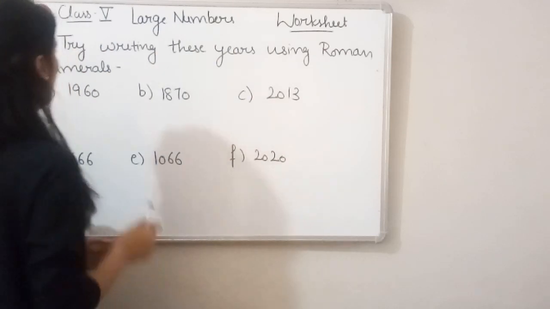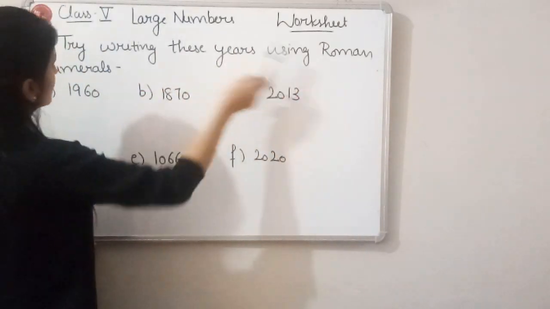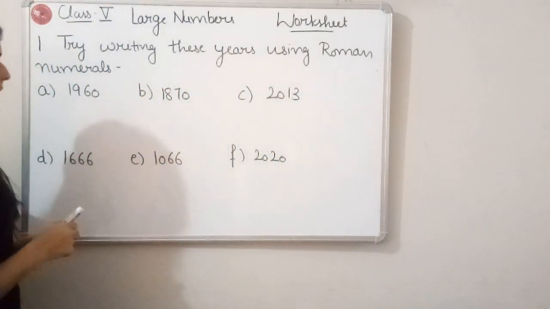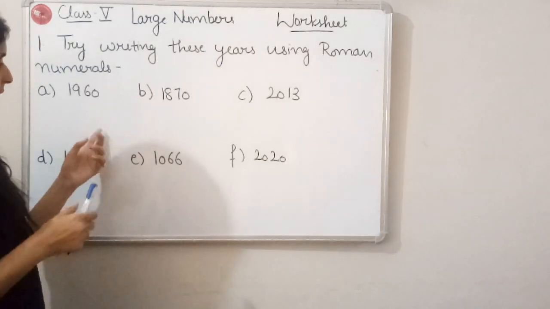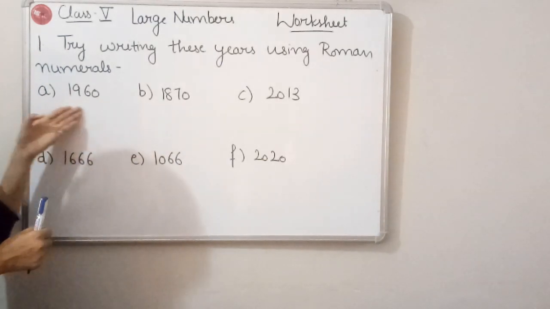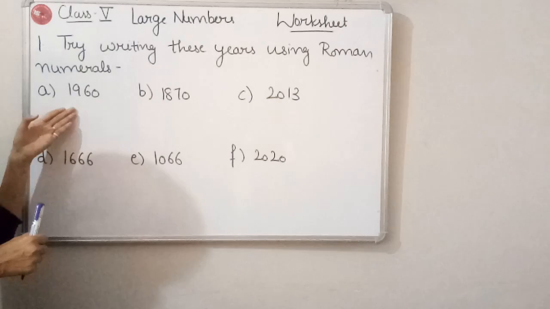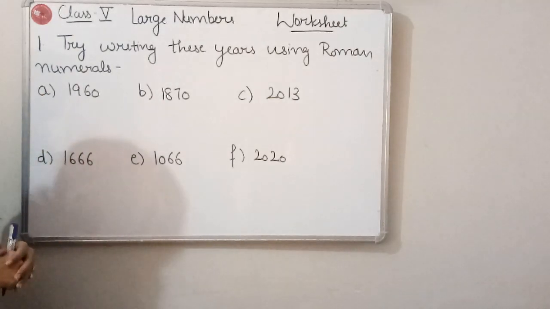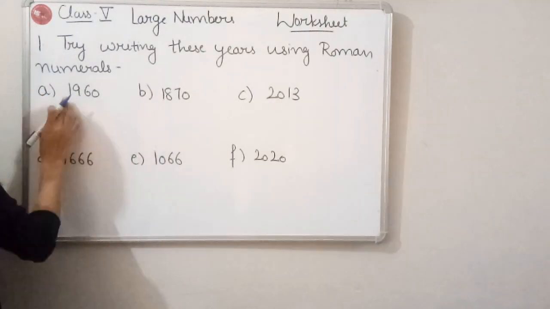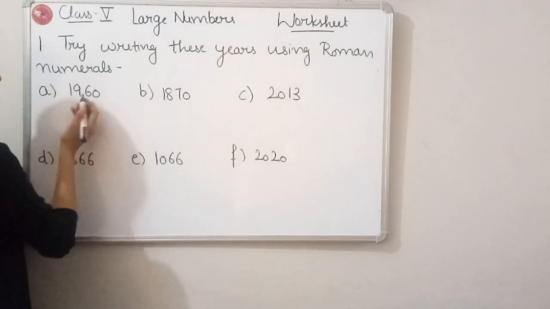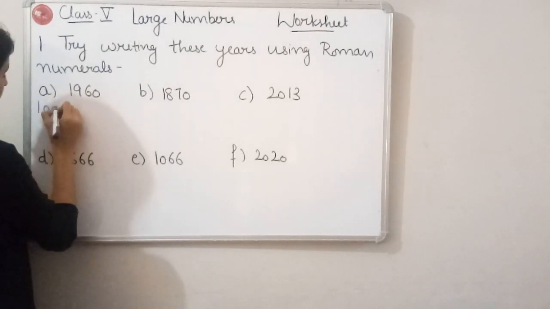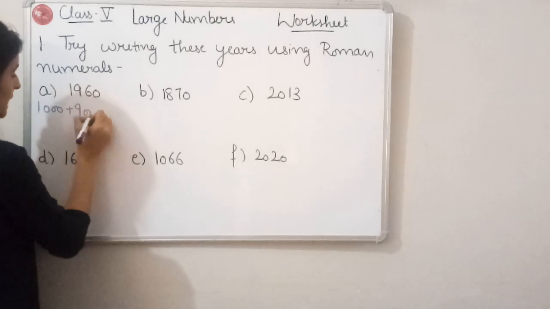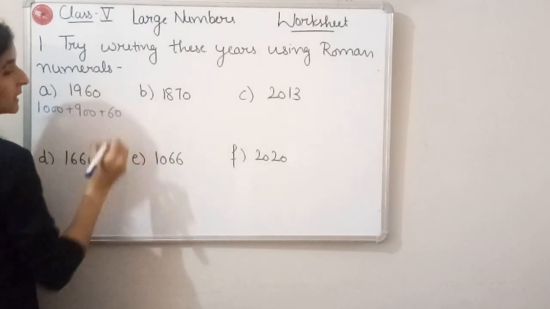Question number 1 was, try writing these years using Roman numerals. We have been given Hindu-Arabic numbers and we have to write them in Roman numerals. So A part is 1960. What does it mean? 1000 plus 900 plus 60.